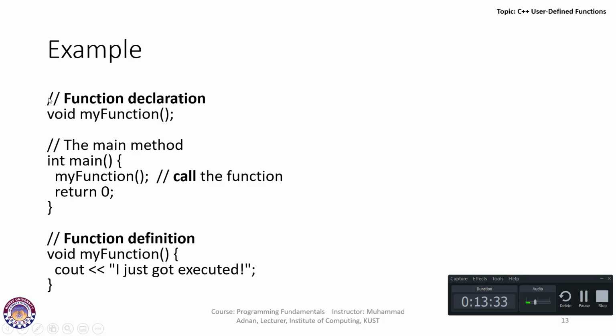So this is your function declaration. And then inside the main function, you call my function, and then my function is called and the body of my function gets executed. I just got executed. So this is how a lot of people prefer writing a function.